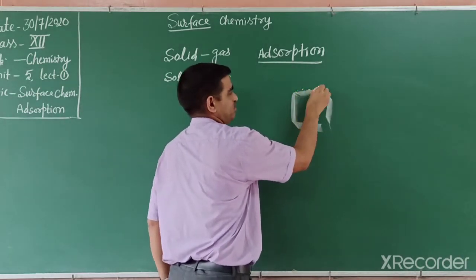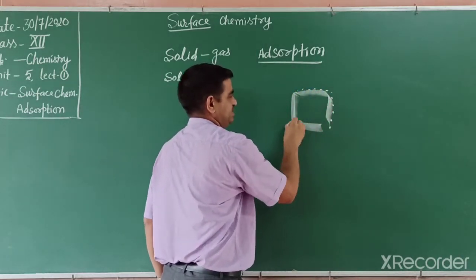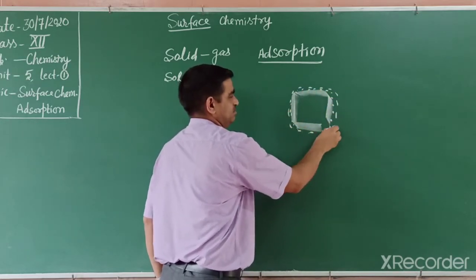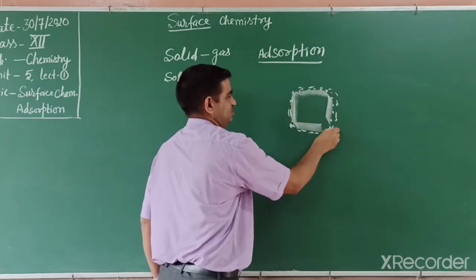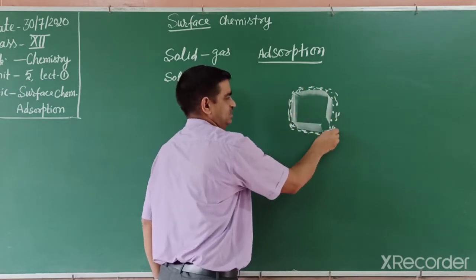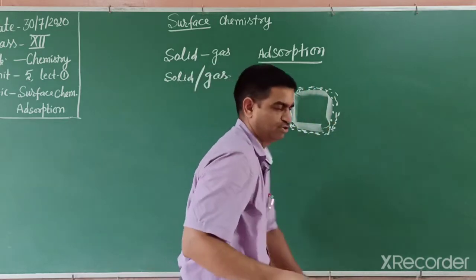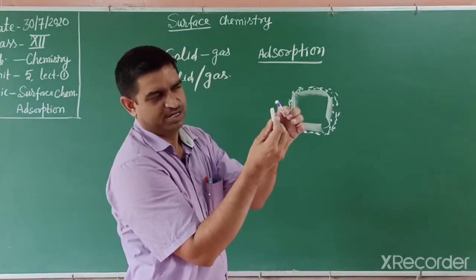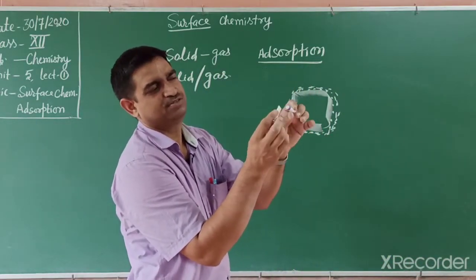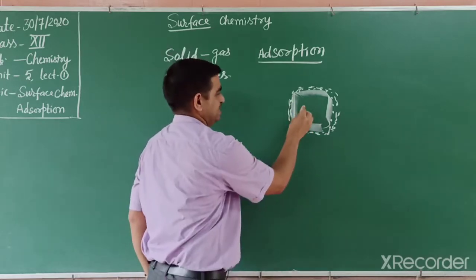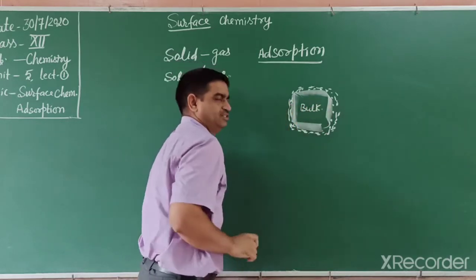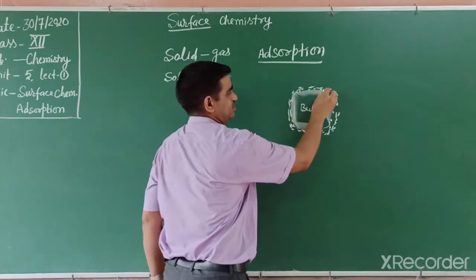If the molecules occupy the surface in comparison to the bulk inside, this process is known as adsorption, because in the chalk piece the molecules occupy only the outside surface, not the inside. The inside is known as the bulk, and this is the outer surface.